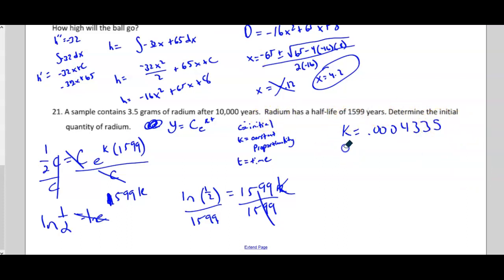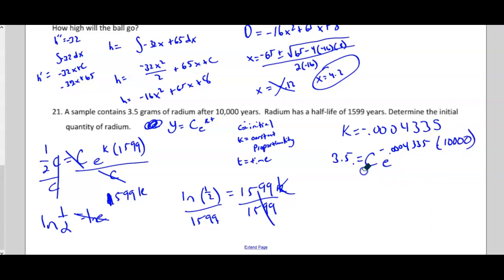And so now that I have K, I can figure out the initial amount of radium. So I know I got 3.5 grams of this stuff, radium, equals C times e to the negative 0.0004335 times 10,000.